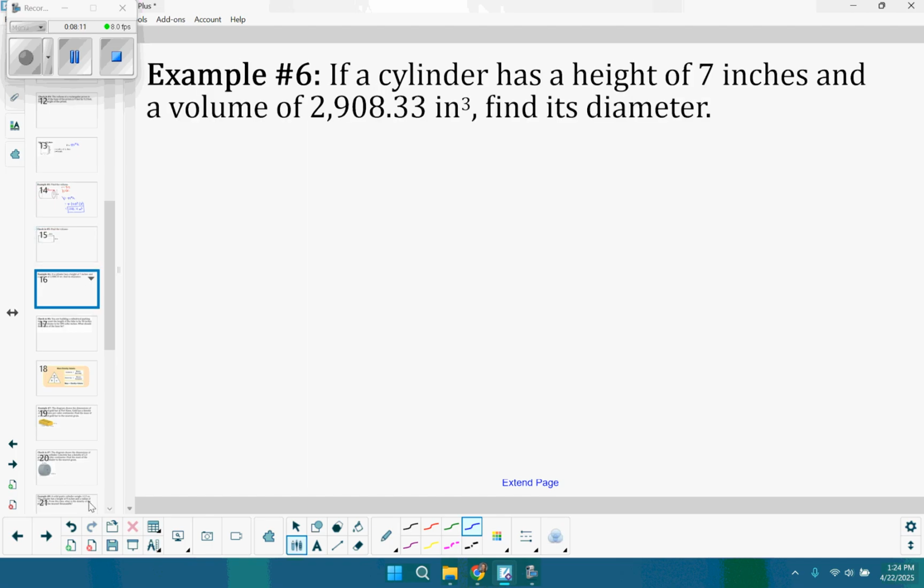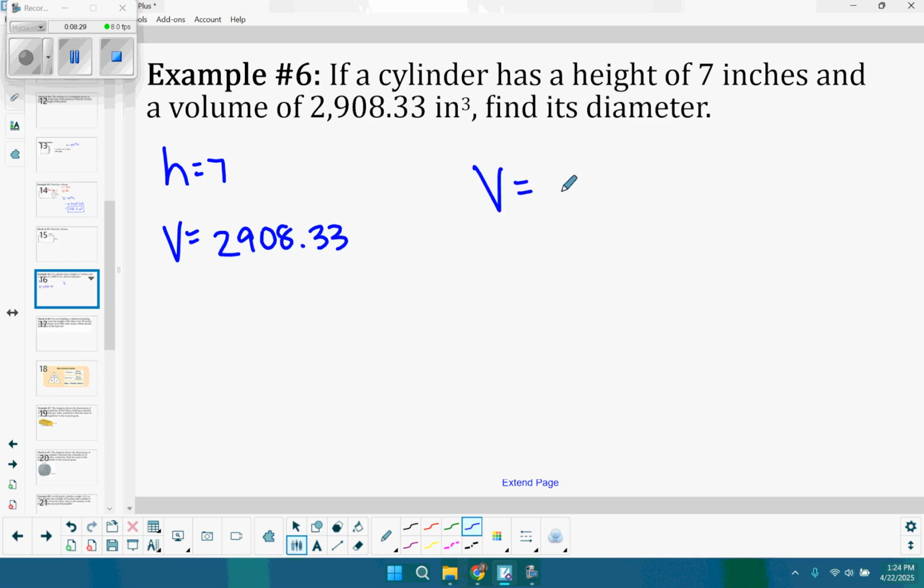In example 6, if a cylinder has a height of 7 inches and a volume of 2,908.33 cubic inches, find its diameter. So I'm going to start knowing that H is 7 and V is 2908.33.